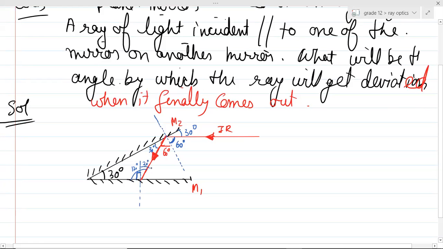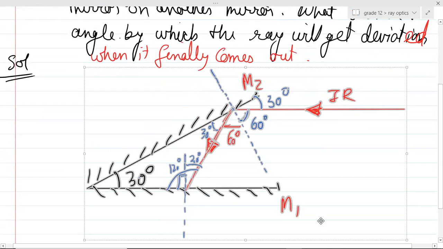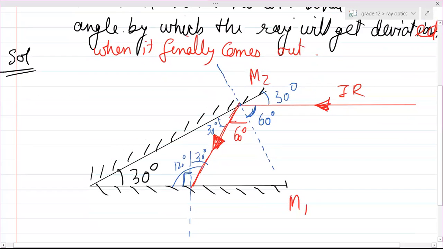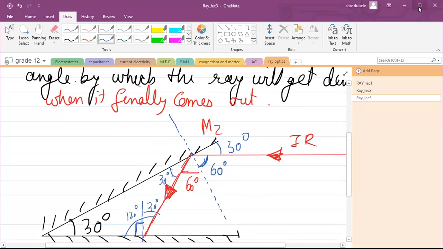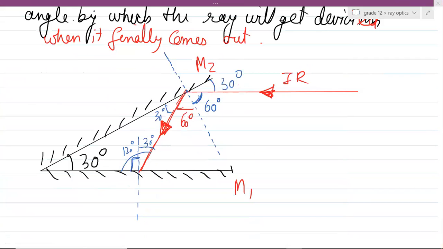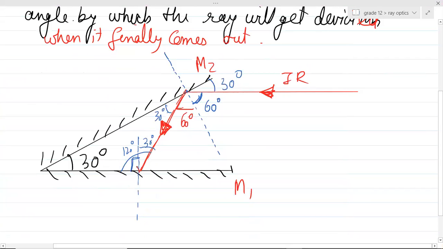So can you see, guys, how exactly we are doing things? Yes or no? Guys, is it clear how exactly we are doing things, right? Yes, sir. Now the light ray will get reflected at an angle of 30 degrees.